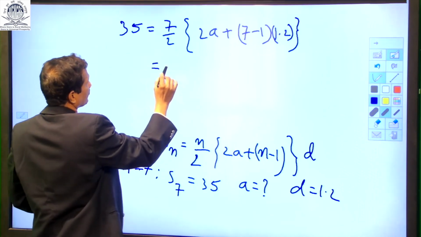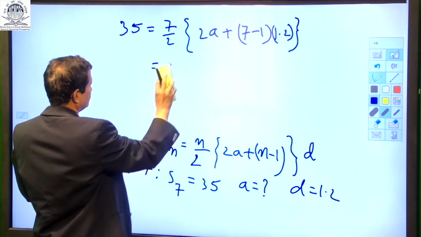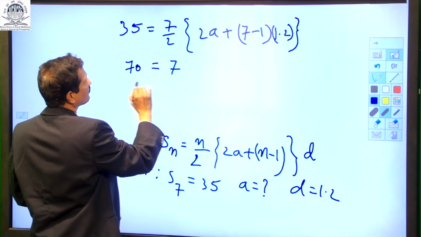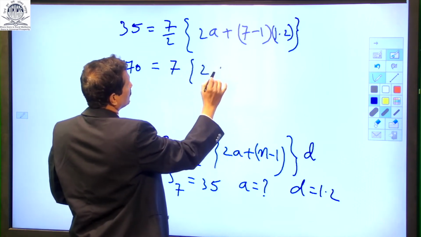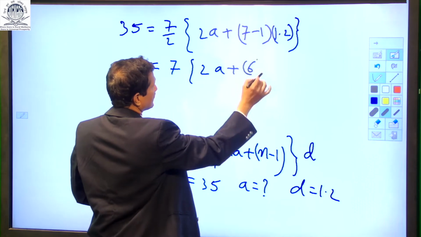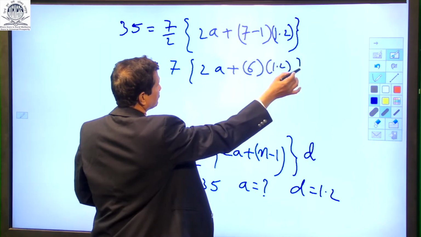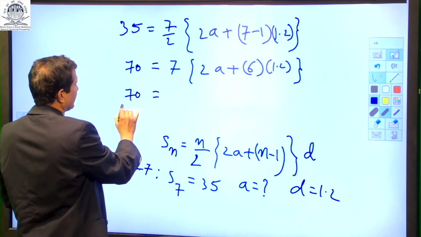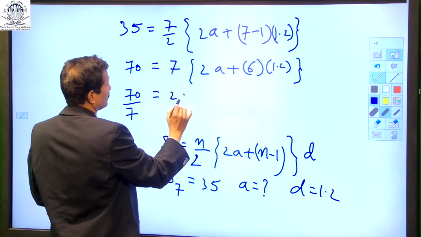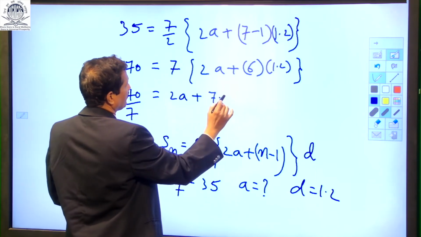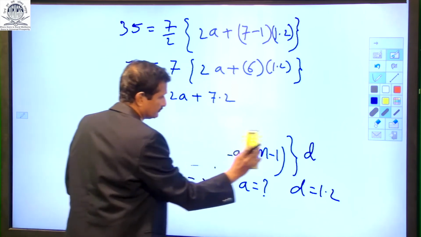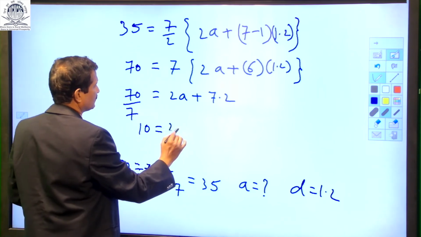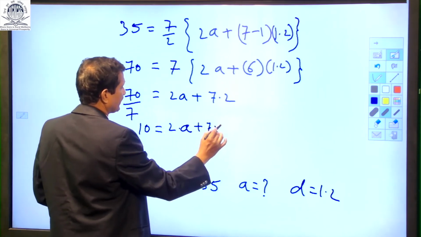This gives me 70 by 7 is 2A plus 6 into 1.2, which is 2A plus 7.2. Or 10 is equal to 2A plus 7.2.